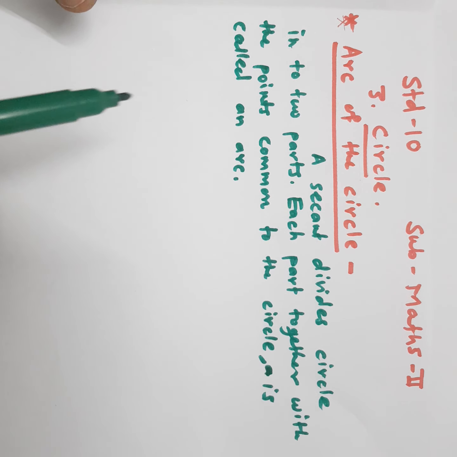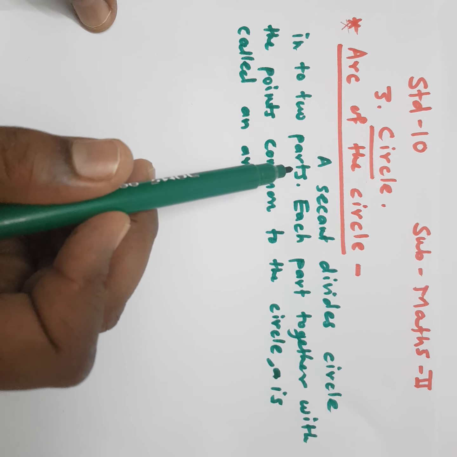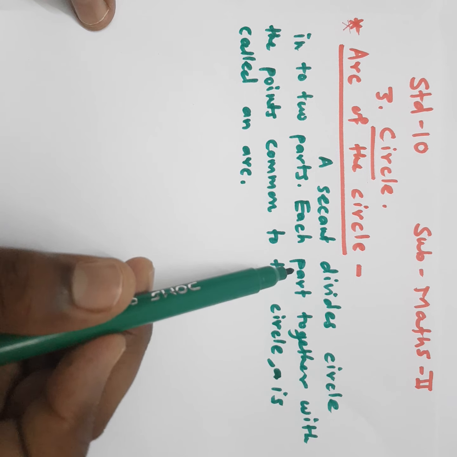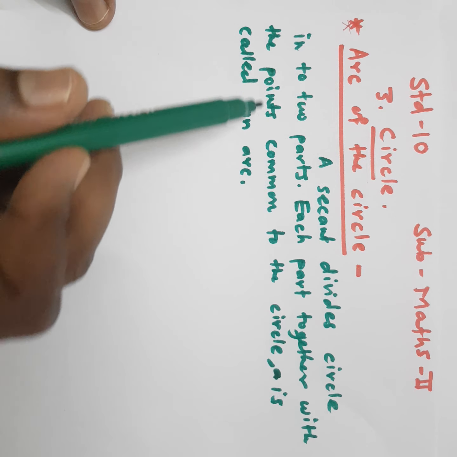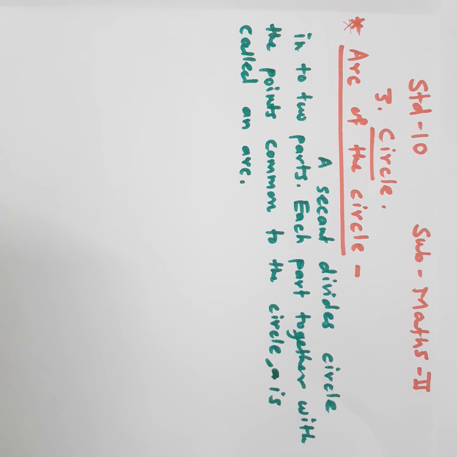See the definition of arc. A secant divides a circle into two parts. Each part together with the points common to the circle is called an arc.